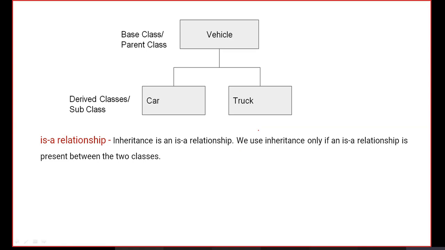Fine. So if we consider vehicle is our base class or parent class, then every vehicle, for example, truck or car, whatever we have, is a vehicle, and we can consider them as my derived class. Fine. There are a few components which may vary, right?